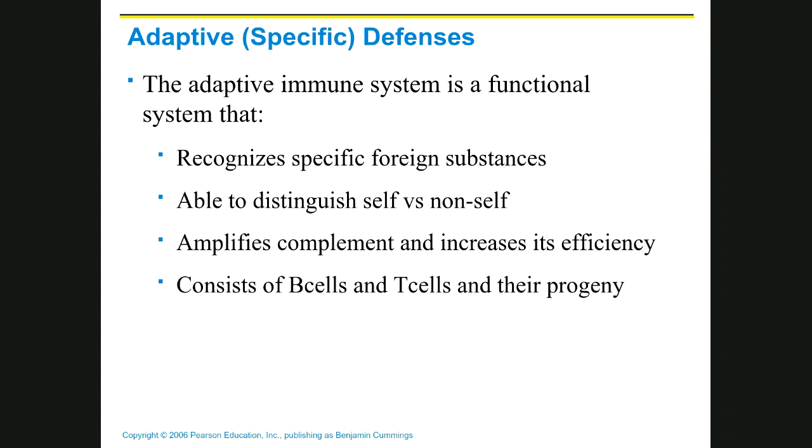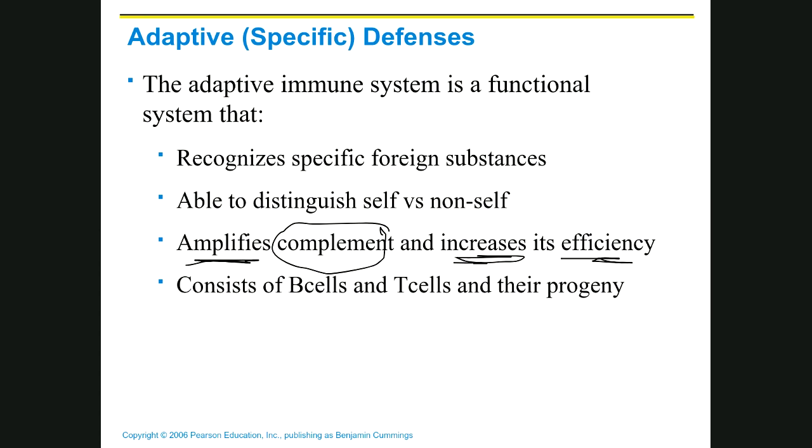Because if you know what self is, you also know what non-self is. And then it can enhance or amplify some of the things of the non-specific, some of the things of the innate. And one of those things, remember, was complement. So it can increase the efficiency of complement.